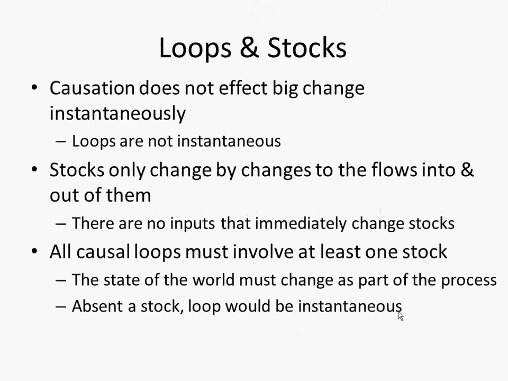And at a deeper level, when it comes to states of systems, often causal processes do not affect big changes instantaneously. If we're looking at feedbacks, by their nature they involve a stock and a flow.